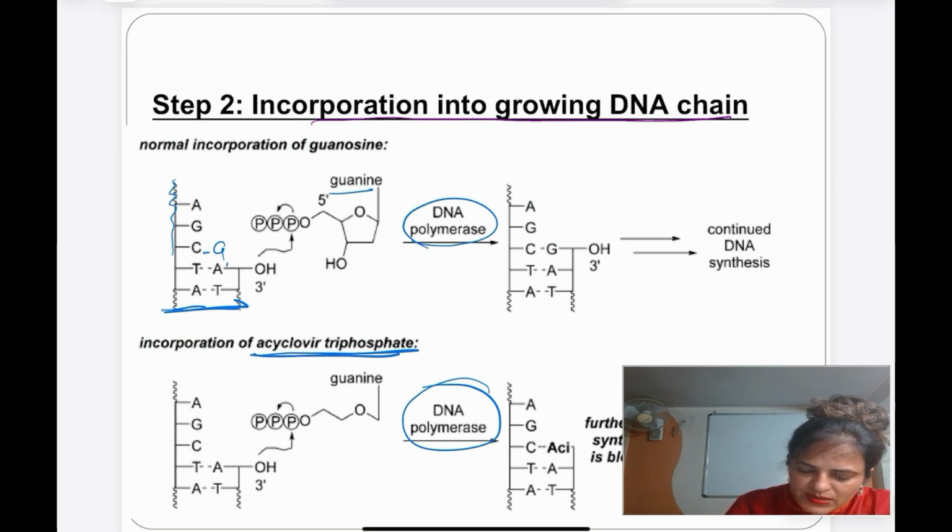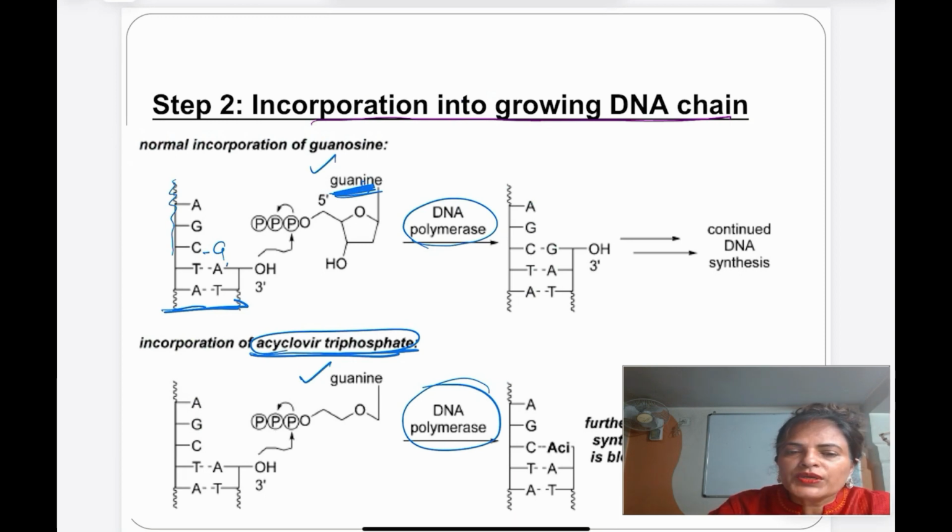Because of the structural resemblance between this and this, the cell is going to take up this acyclovir triphosphate. Number one, this. Number two, there is a competition between this one or this one. They are going to compete for this enzyme, DNA polymerase.